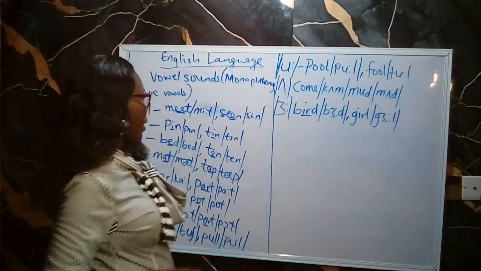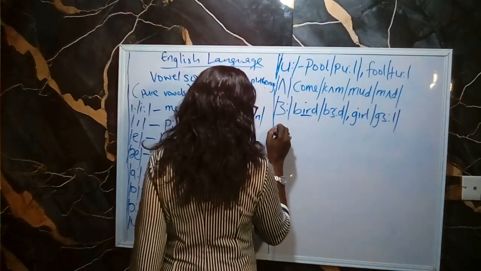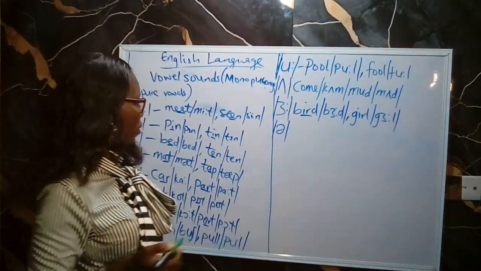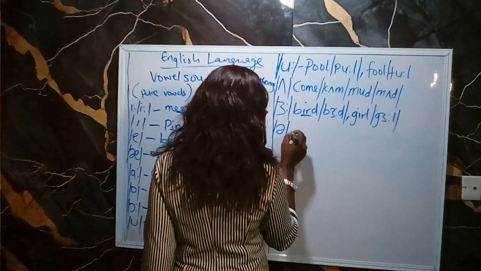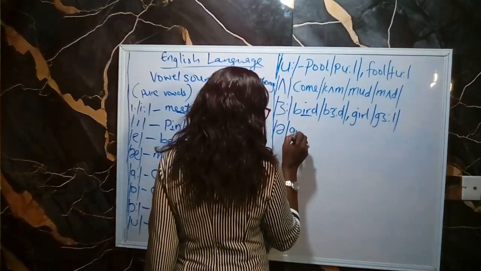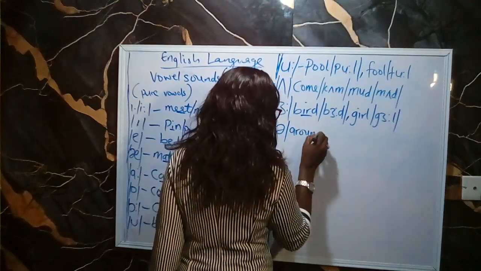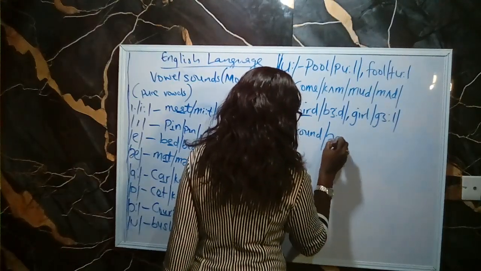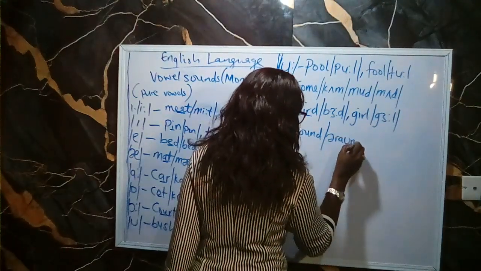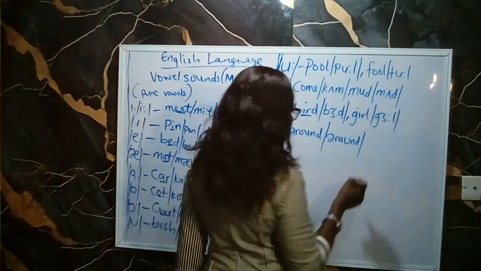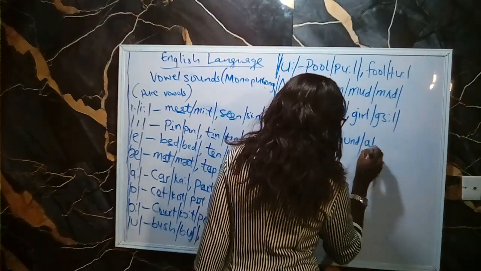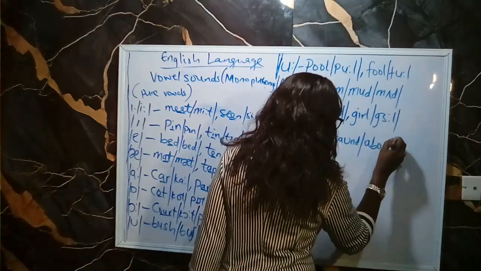Then the last one is the one we call the schwa sound. You can see it in around, and you can also see it in about.